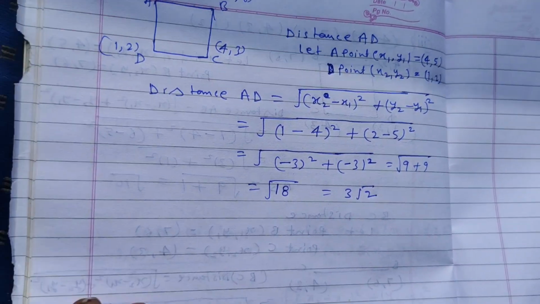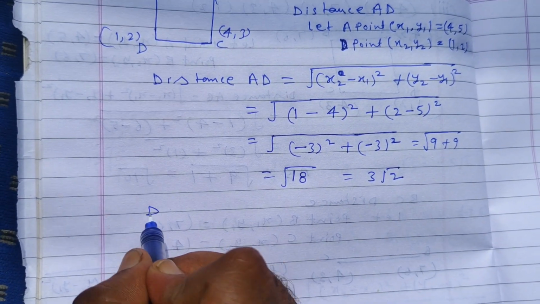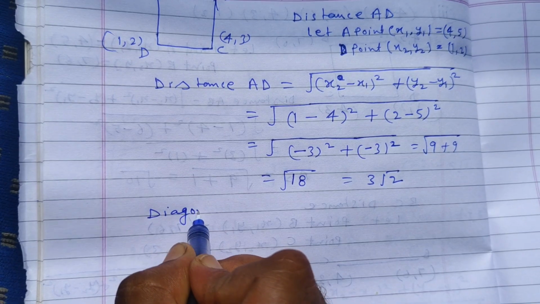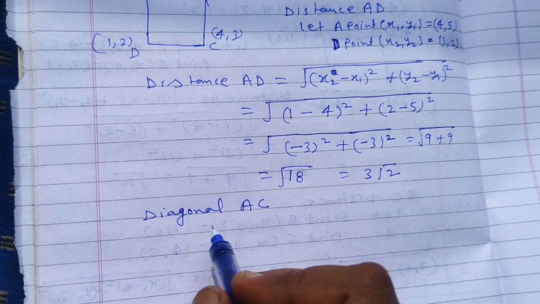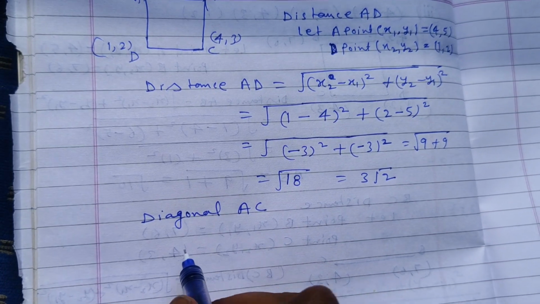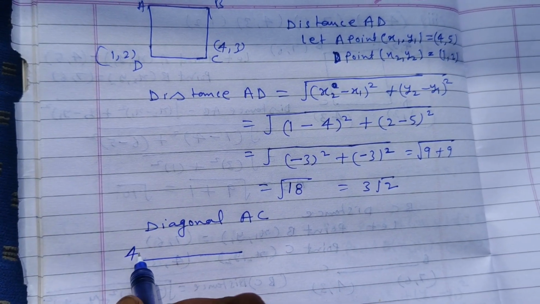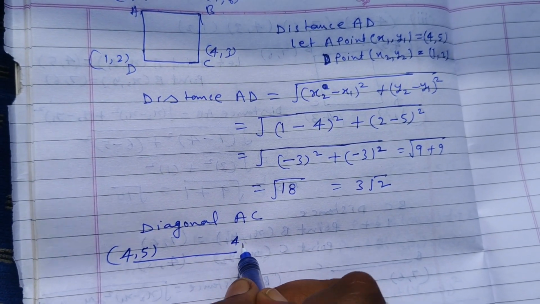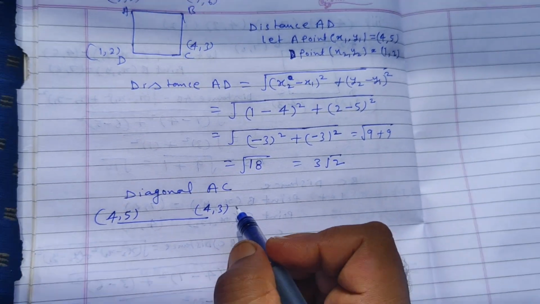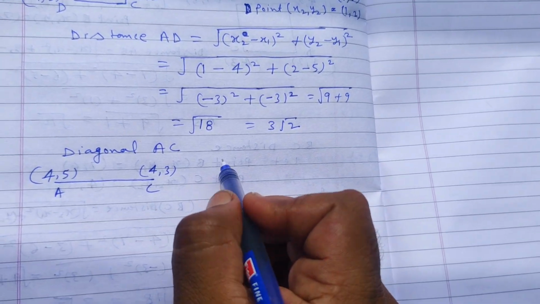We also find diagonal AC. A is 4 and 5, and C is 4 and 3.